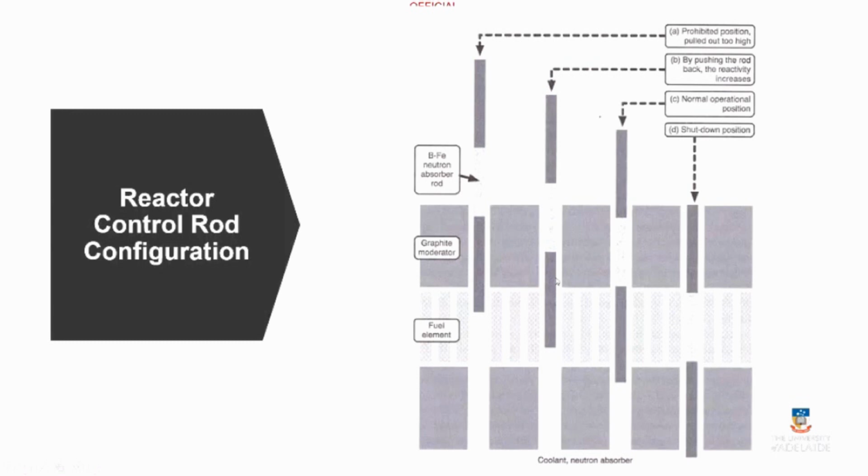As you pull these up, the reactivity increases. Normal operation is down here where the graphite is. As you're pushing that down, that will shut it in. As you're pulling this up, your absorber rods come right out, and these parts of the reactor chambers fill with water.